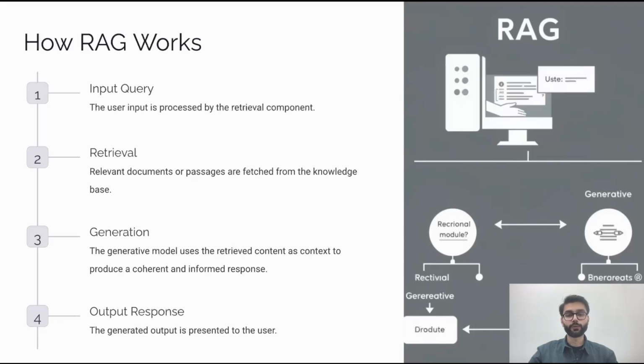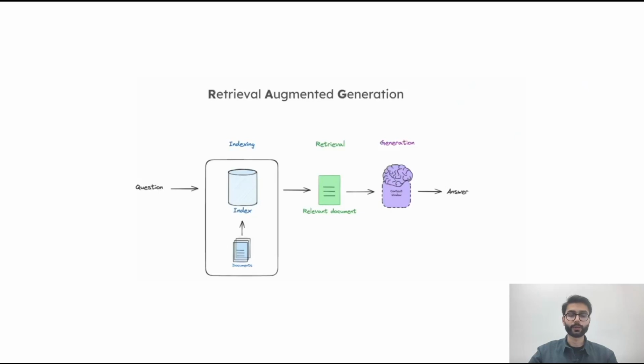It has to be retrieved in a way that it doesn't lose its context as well, and the context is then passed to the LLM, which will do the generation part. The LLM will generate the response on the basis of the context that you have given to it, and after that it will output a response. Let's see the basic architecture, the basic flow of how the prompt works, how the retrieval works, how the answers are being generated.